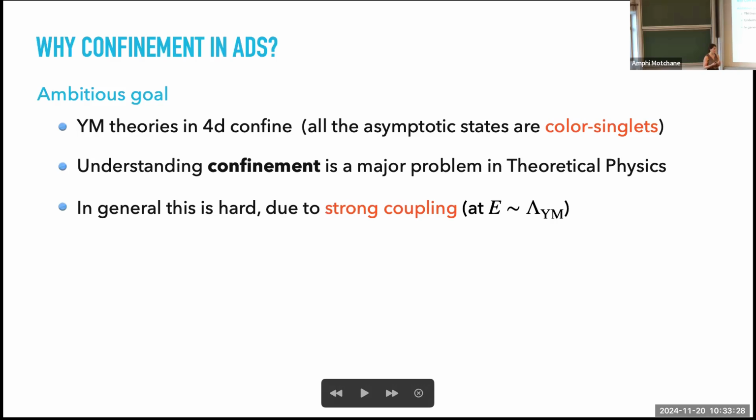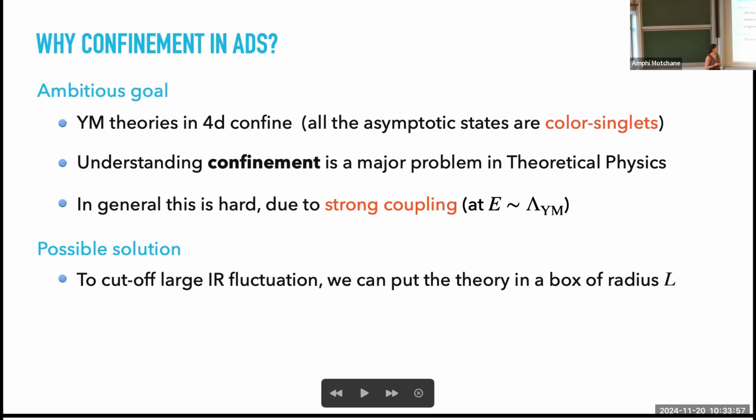But at large length scales the theory gets strongly coupled, and we cannot use perturbation theory anymore to understand what happens. This is why confinement is so much a problem in theoretical physics. It's hard because it occurs at strong coupling, at energies around the strong coupling scale of Yang-Mills theories.